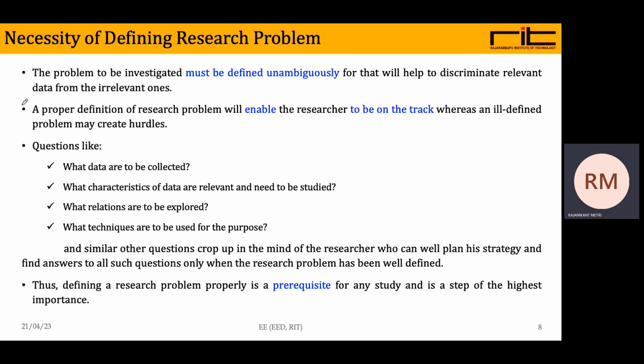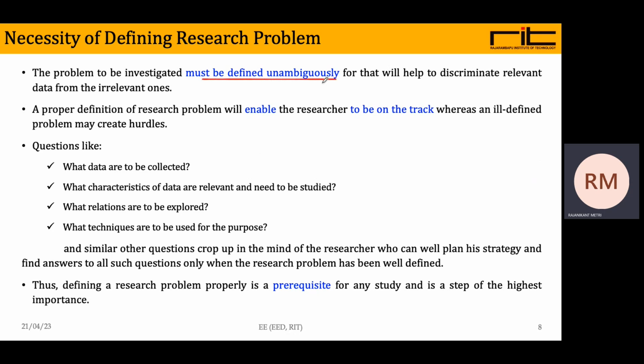Now, after seeing this research problem, what is the necessity of defining it? Because, as I earlier mentioned, a defined research problem is a half-solved problem. The problem to be investigated must be defined unambiguously.